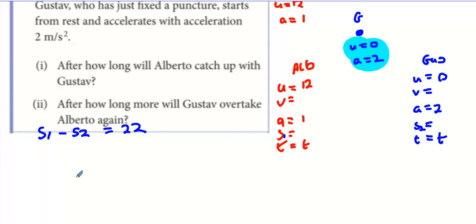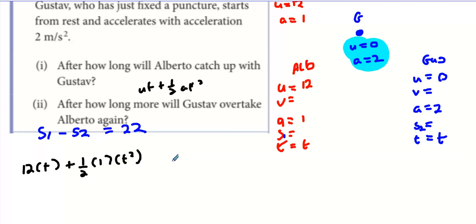Anybody? Put in the S formula. So UT plus a half AT squared. Okay, let's do this. 12 times T plus a half 1 times T squared equals what, guys?